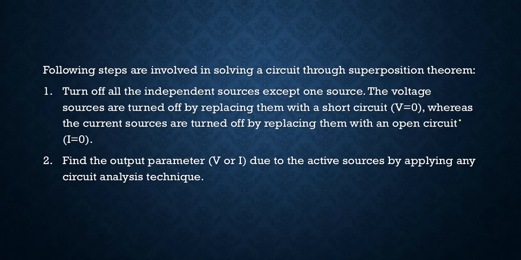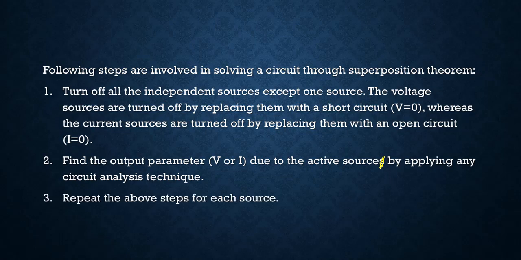The next step is to find the output parameter required, the voltage or current due to the active source. Here it should be source, because we are considering one source at a time. You can apply any circuit analysis technique: CDR, VDR, series parallel combination, nodal, mesh, supernode, super mesh, any technique of your choice.